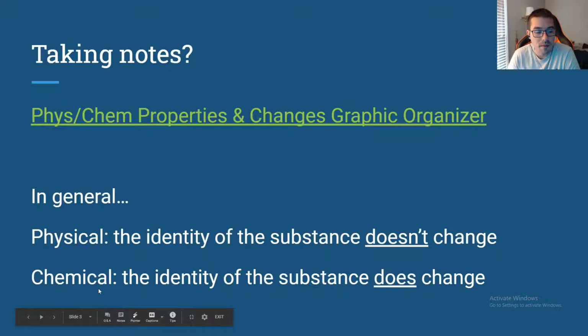But when we're talking about something that is chemical in nature, the identity of the substance does change, okay? And you're going to see this difference illustrated in some of the slides coming forward here. But this is the fundamental difference between a physical type of thing and a chemical type of thing, whether or not the identity of the substance is or is not changing, okay?